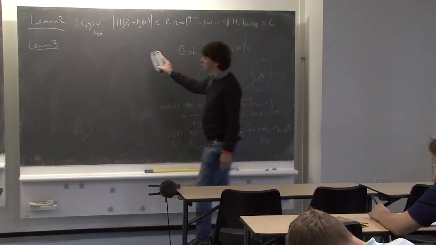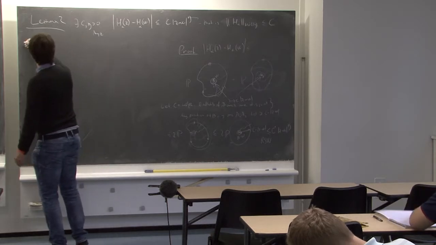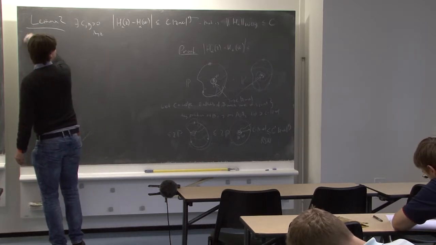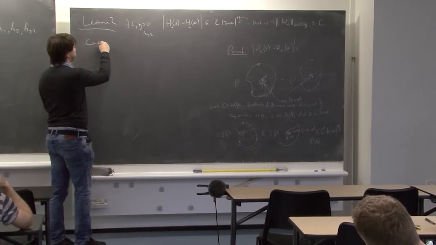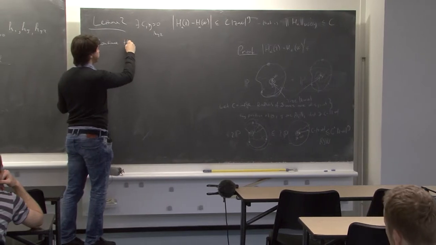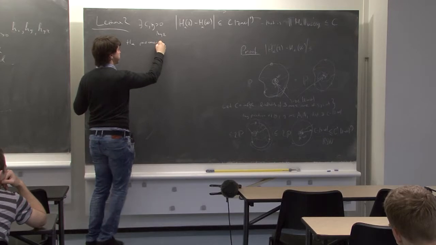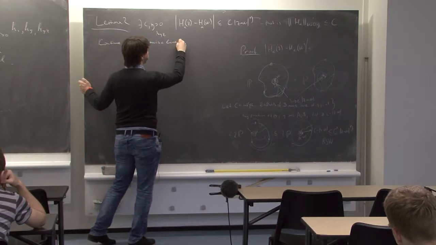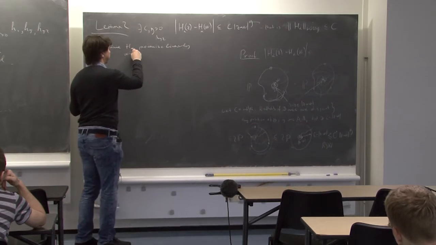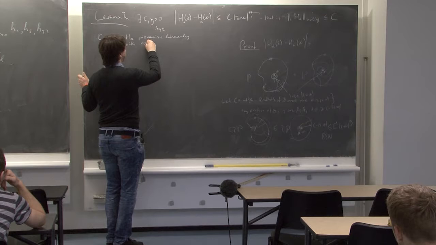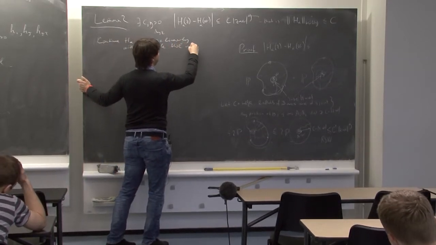Okay. So this lemma 2 allows us, so by lemma, we can do the following thing: continue H alpha piecewise linearly with comparable Hölder norm.